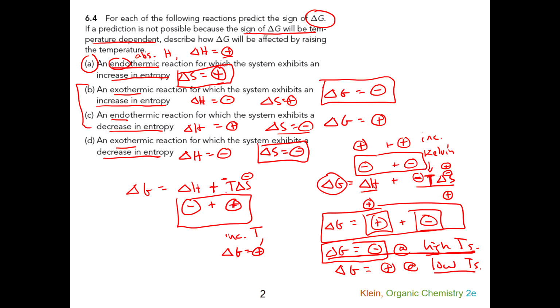So the T delta S term will always be positive when delta S is negative, and if I increase the temperature, I'm only going to make that a larger and larger positive value, and delta G will become more positive. And so in that situation, it becomes non-spontaneous or reactant favored at higher temperatures. Any questions about that?